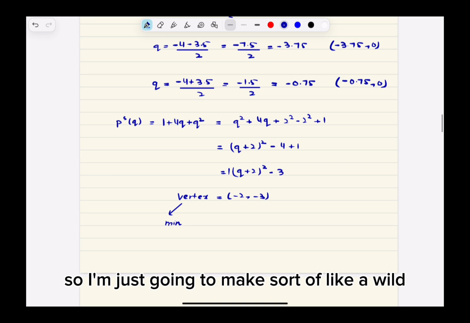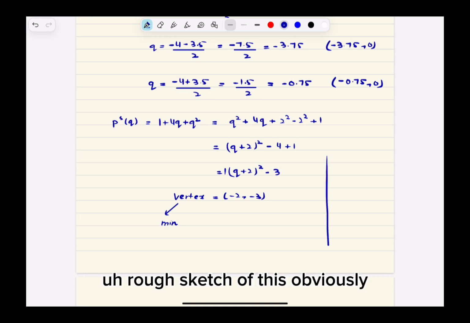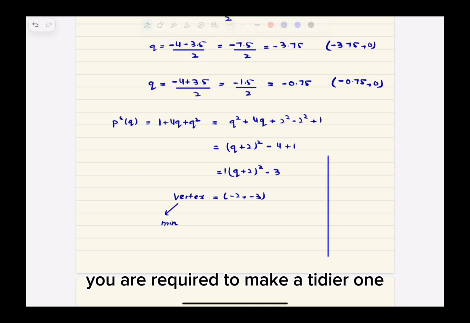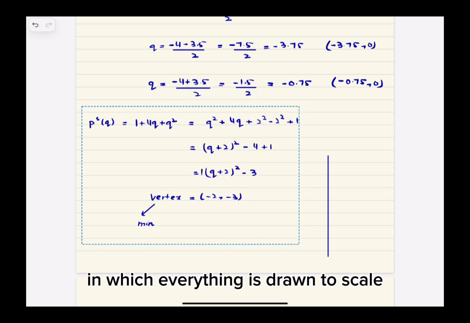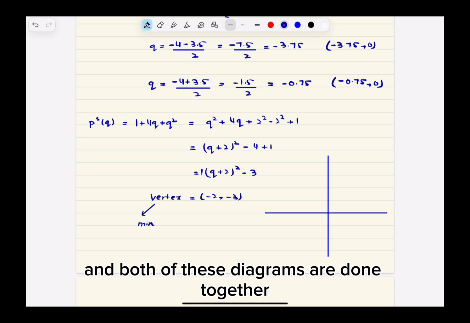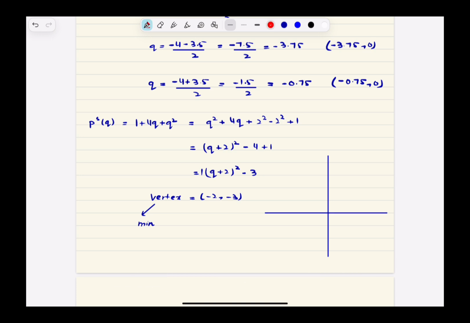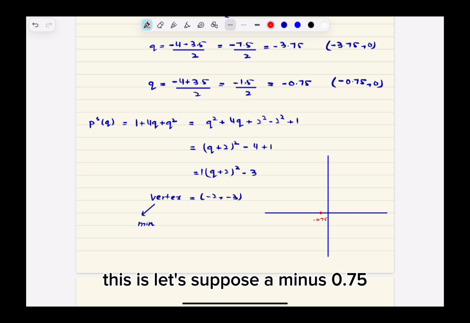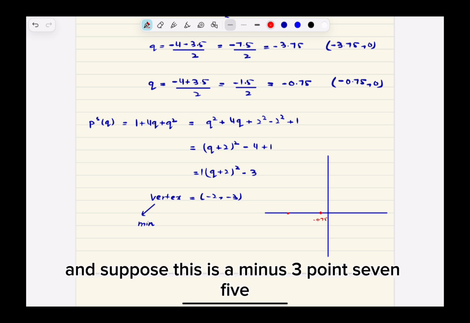So I'm just going to make a rough sketch of this. Obviously you are required to make a tidier one in which everything is drawn to scale and both of these diagrams are done together. So I'm just making an estimate. Suppose this is -0.75, and suppose this is -3.75.